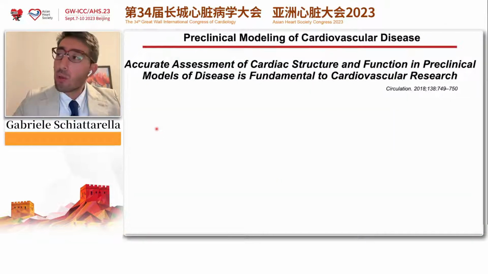So what we are trying to do and what we are actually doing in Circulation from the basic translational standpoint is, of course, to increase rigor and reproducibility of the basic translational paper. We do believe that a fundamental and accurate assessment of cardiovascular structure and function in preclinical models of heart failure or in general cardiovascular disease is critical to underline the pathophysiological mechanism of this condition.